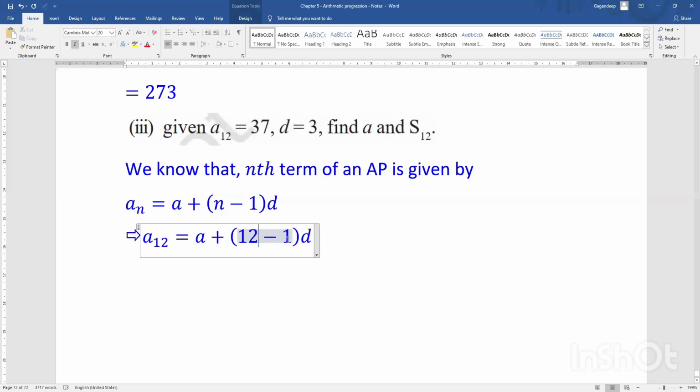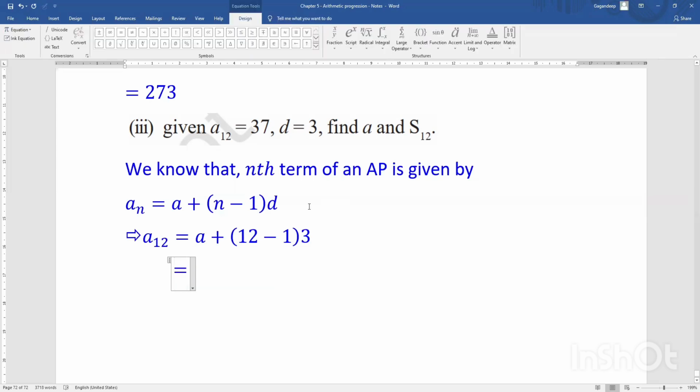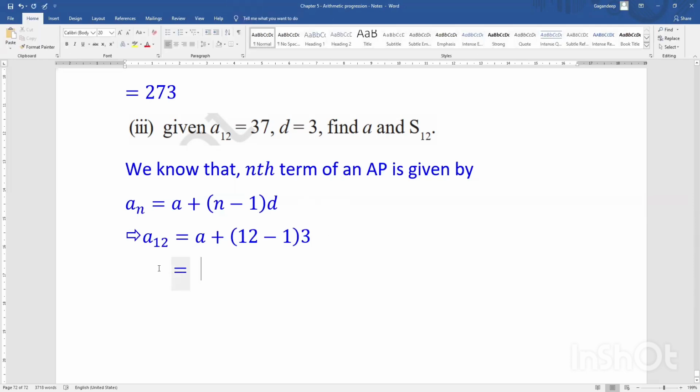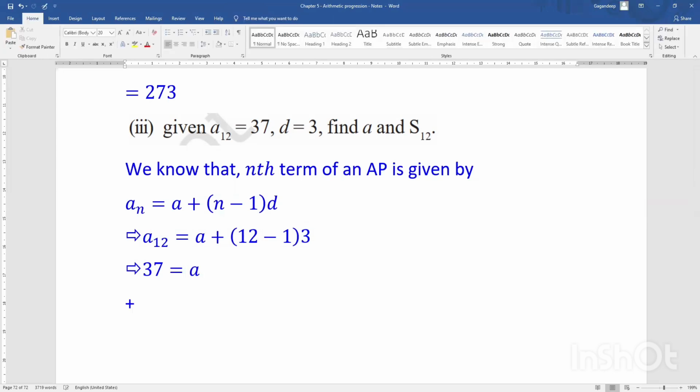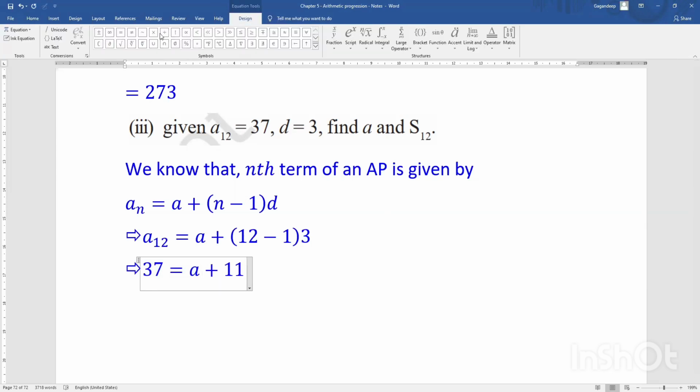D value is how much? D value is 3, right? So I'm going to write 3 here. In my next step, A12 is how much? Here A12 is 37. So let me write it. 37 equals A plus 11 into 3.